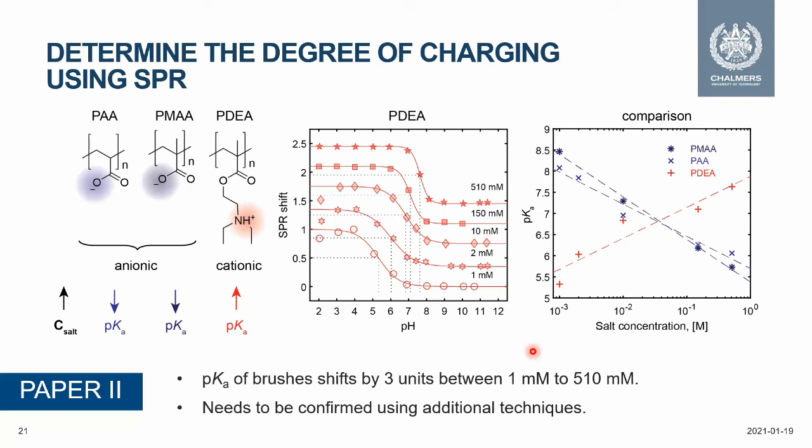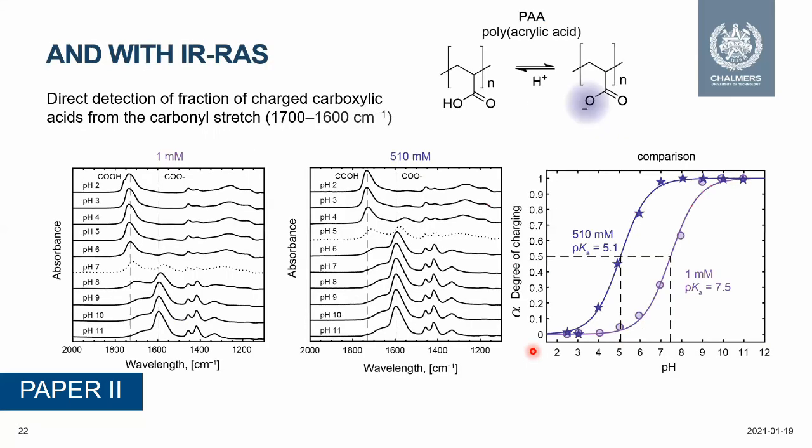It also detects the degree of charging, but by a different mechanism. And the QCM results indeed verified the SPR results that we see here. And that was still not enough, so we performed an IR study as well.